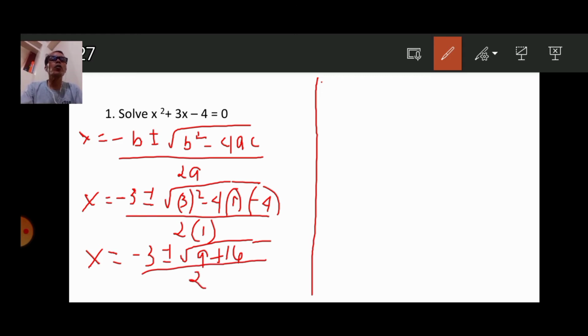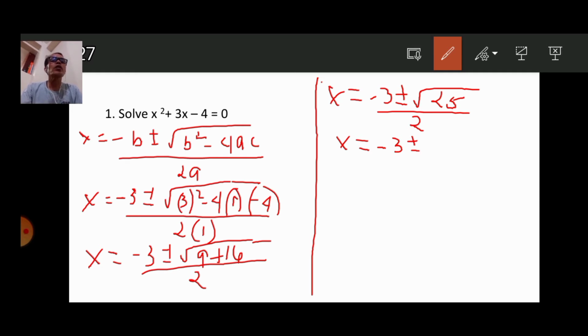So you will now have x is equal to negative 3 plus minus the square root of 9 plus 16, which is 25, over 2. So you have x is equal to negative 3 plus minus the square root of 25, which is 5, over 2.